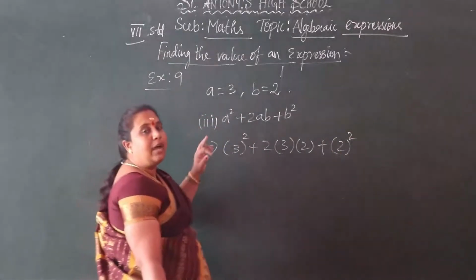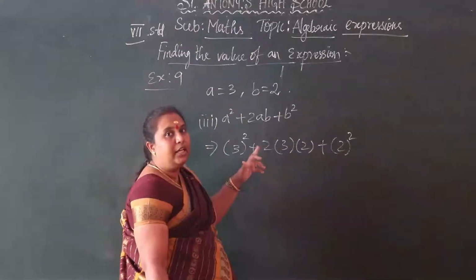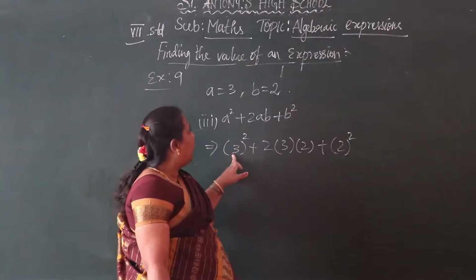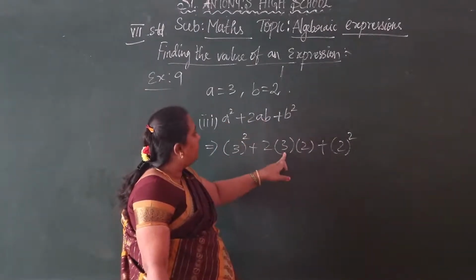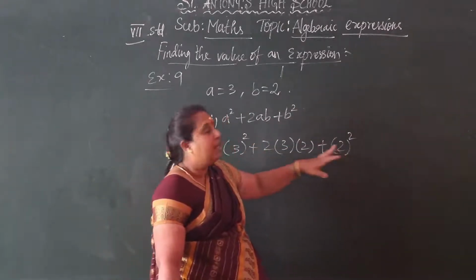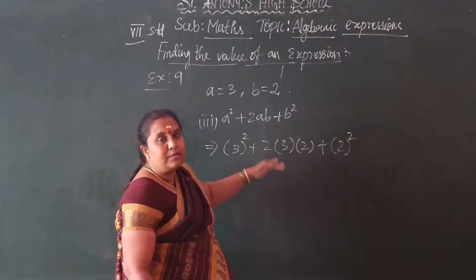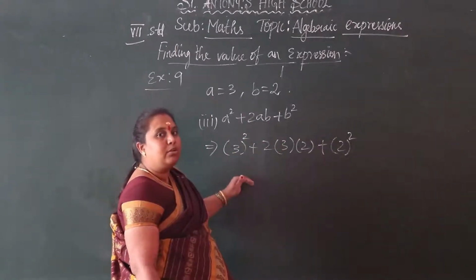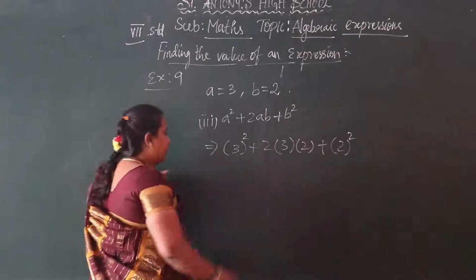Carefully you have to substitute the values. So a means the value 3, and b is 2, b 2 again. Then you have to simplify this to find out the value of the given expression.